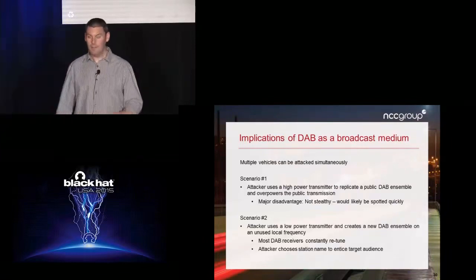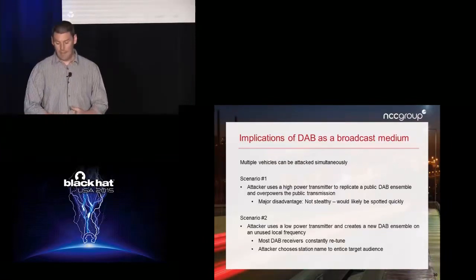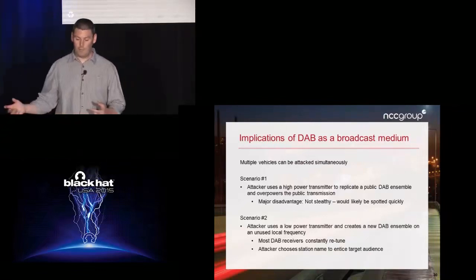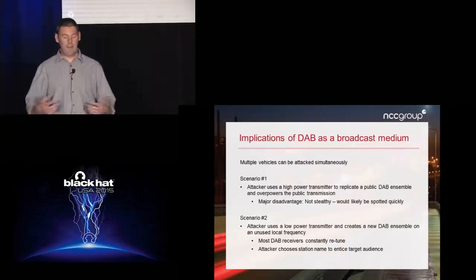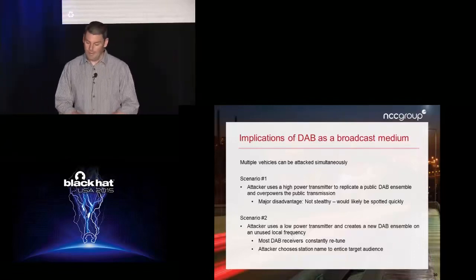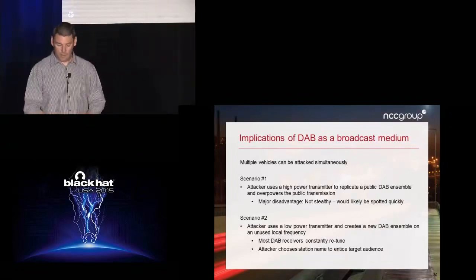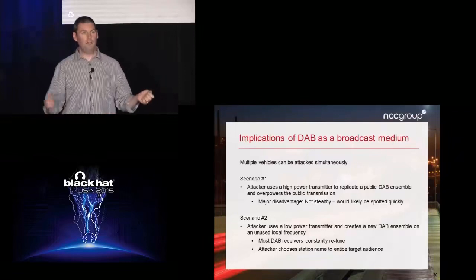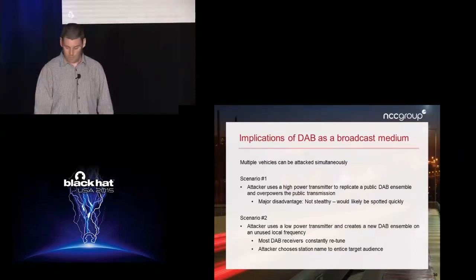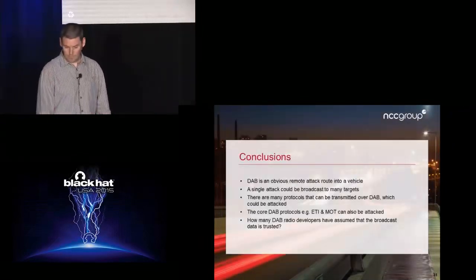That's obviously not very stealthy, and it would get picked up very, very quickly by the authorities. A much stealthier way of doing it would be to use a low-power transmitter, use a completely new radio station on a frequency that's currently unused, and choose your radio station to entice your target audience to tune in. And most modern DAB receivers are constantly retuning to look for new stations, so it would spot yours and present it to the user to tune in.